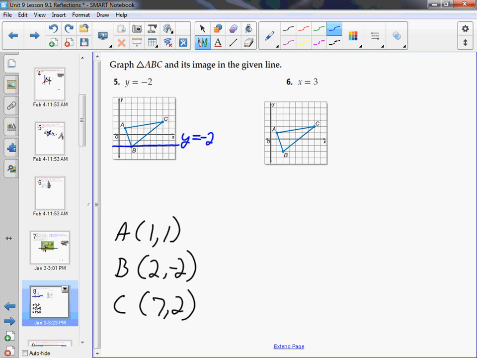And now remember how it works? In effect, the vertical lines from the grid are now our little dotted lines, aren't they? A is 3 spaces above the line of reflection. So doesn't that mean A prime has to be 3 spaces below the line of reflection? So 1, 2, 3, that's where A prime goes. B is on the line of reflection, so B prime is the exact same point.